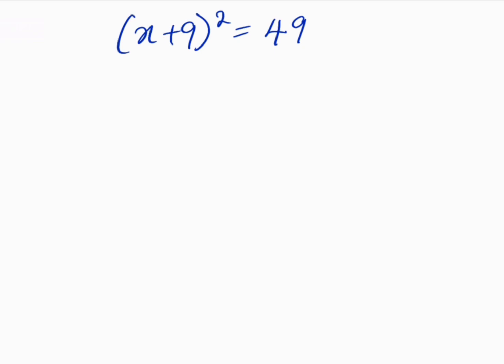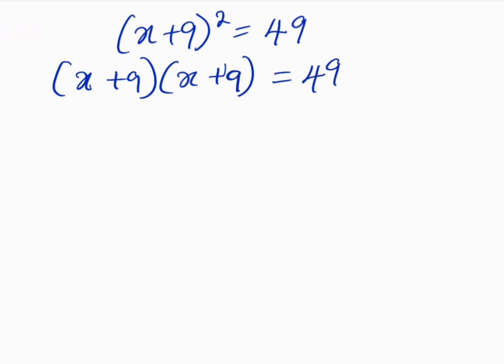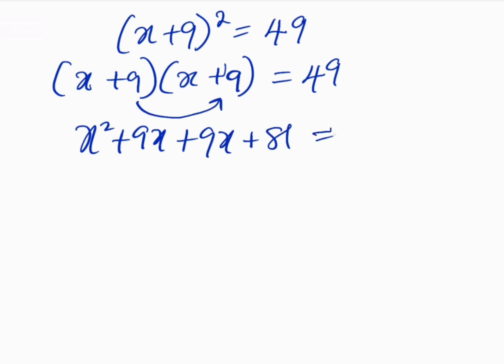Now, the first way of solving it, let us open up this bracket. This can be seen as (x + 9) multiplied by (x + 9), because the power is 2, everything is 49. Now x times x will give us x², x times 9 will give us 9x, 9 times x will give us 9x, and 9 times 9 will give us 81, everything is equal to 49.